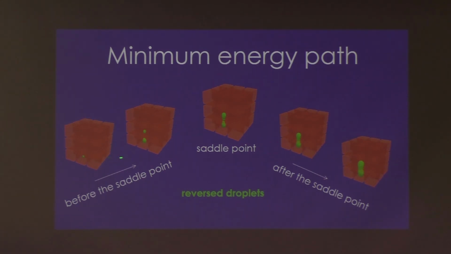So this is before the saddle point. If we then go up in the energy, these reversed droplets will expand, and at the saddle point, you see that we already have 2 of these droplets. And then, if there's this 25 kBT of thermal energy, we can overcome the saddle point, and these 2 droplets merge and expand, and the magnet will reverse.